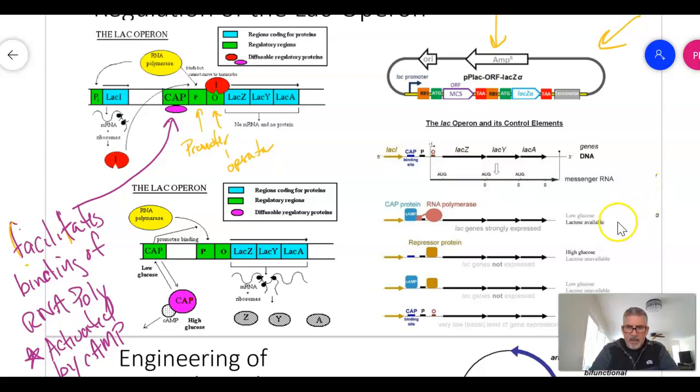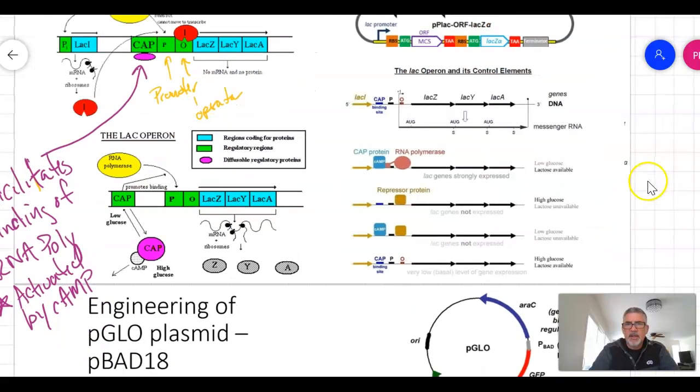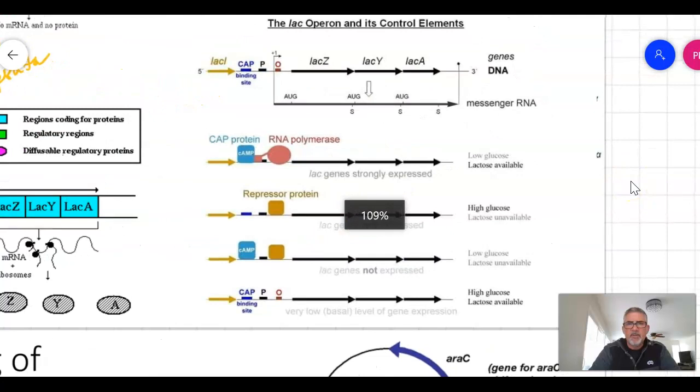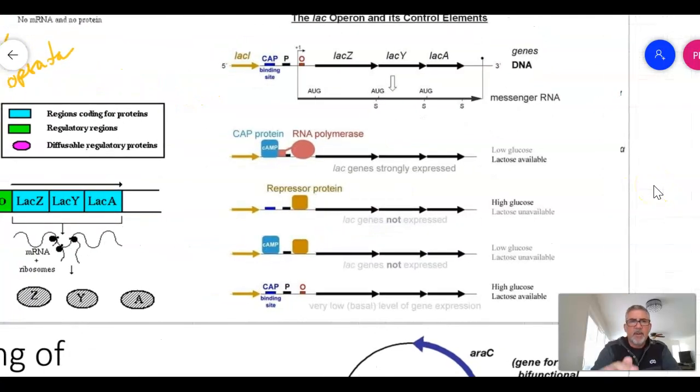If I look at this picture over on the other side, here's my lac operon. So I've got my CAP protein. If glucose is not available, but lactose is available, remember lactose is going to cause the repressor to fall off the operator. And then I'll have cyclic AMP. So here's the skinny of it.